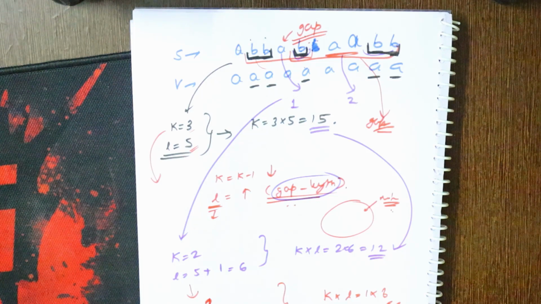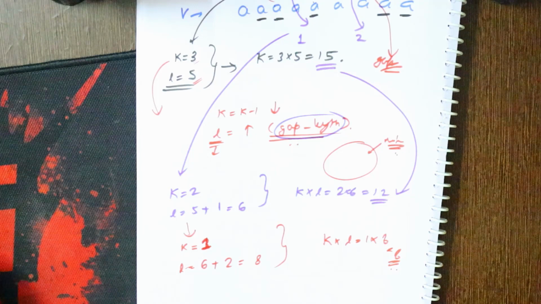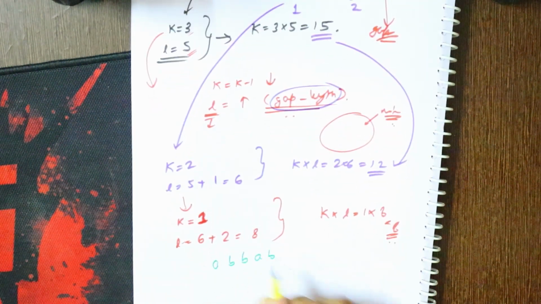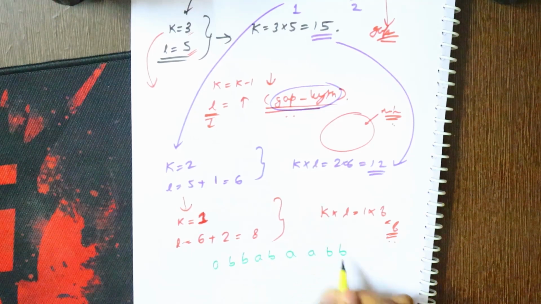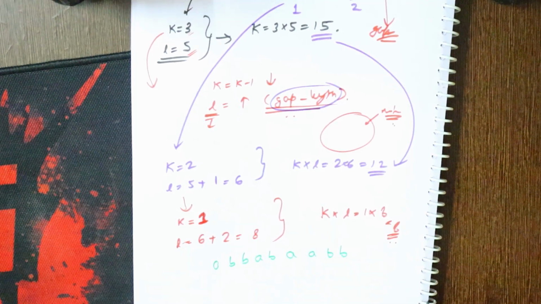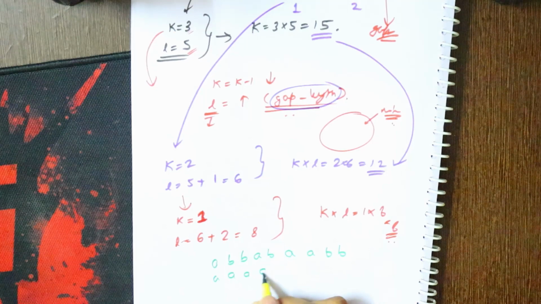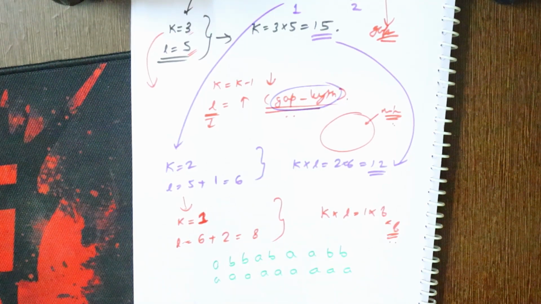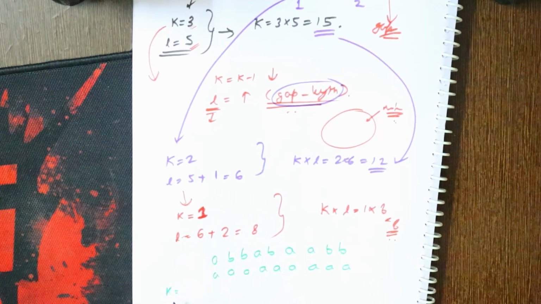So our approach here will be quite simple. Suppose we have A, B, B, A, B, A, B, B, A, and A. First of all, I will have my values of K and L. What will be L?